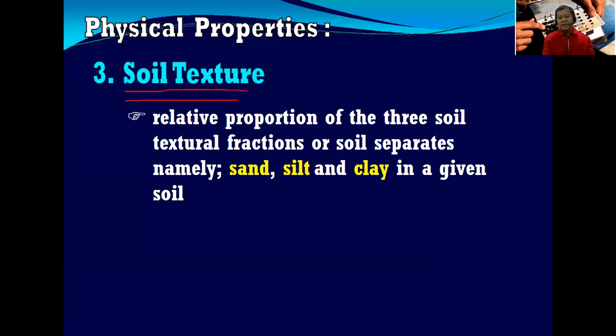There are textures that are easy to weed, and textures that are difficult to weed. For example, sandy soils are easy to plow, while clay soils are difficult to plow and weed.